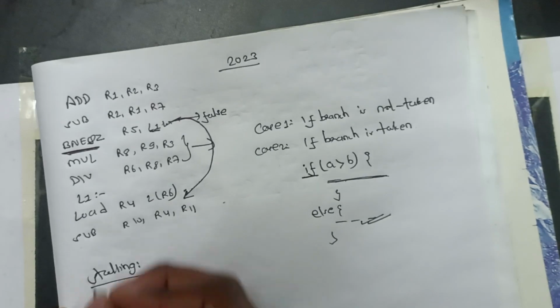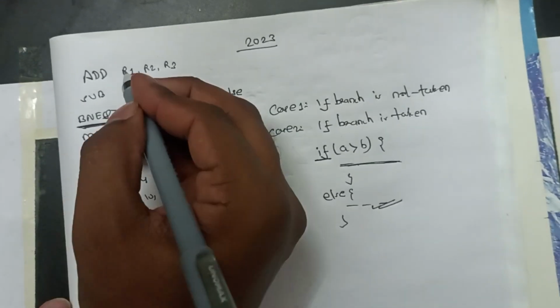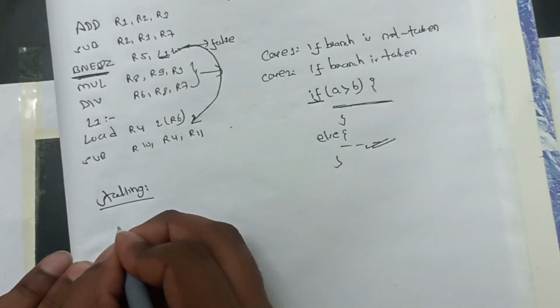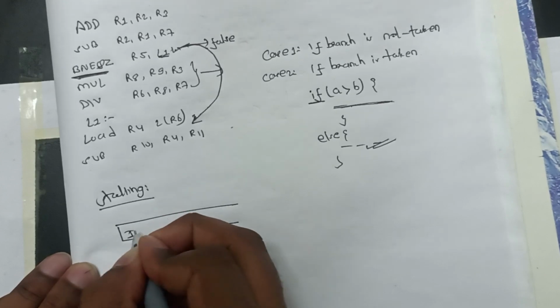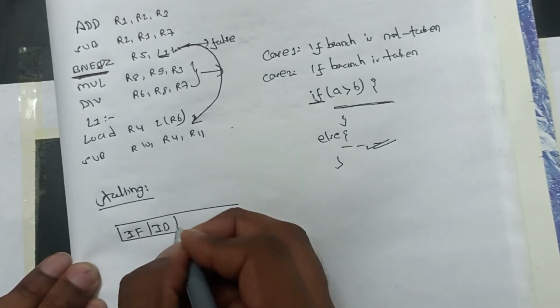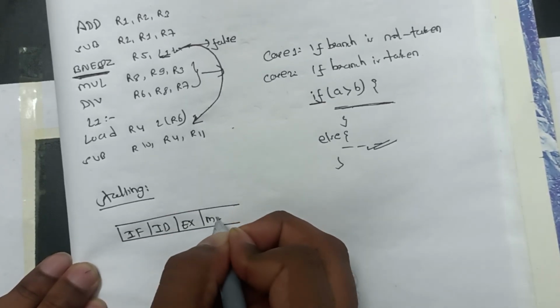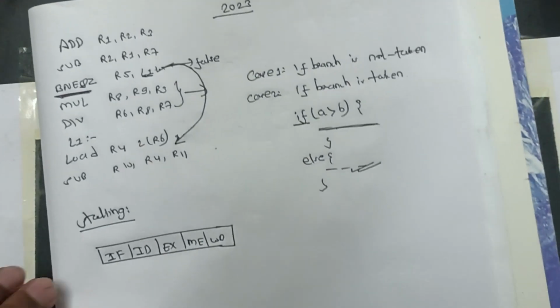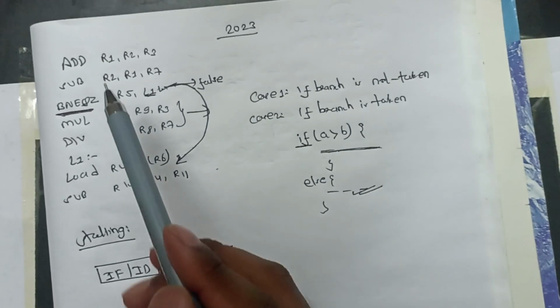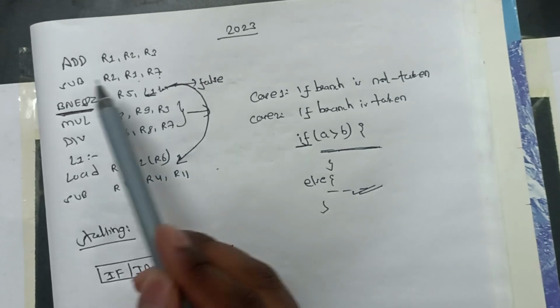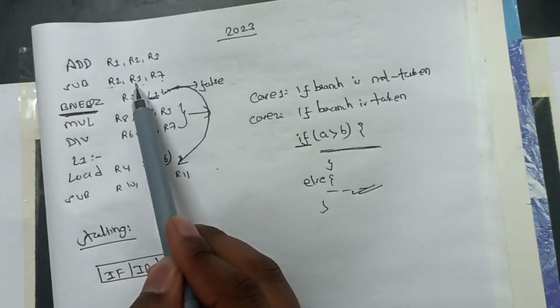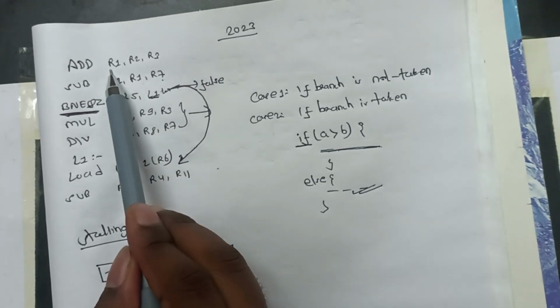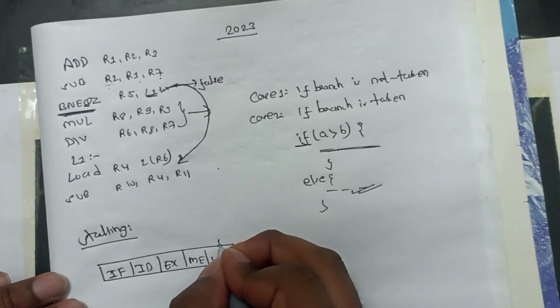Let's see the first: add R1, R2 and R3. There is no dependency, so IF, ID, EX, ME, WB. Second is subtract R1, R7 and store in R2. It means R1 is dependent on this add, so we get the value of R1 here.